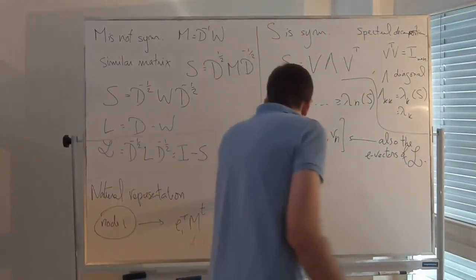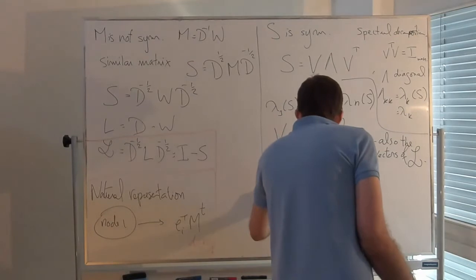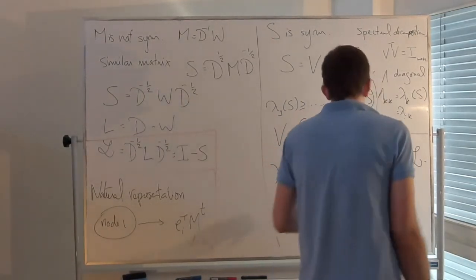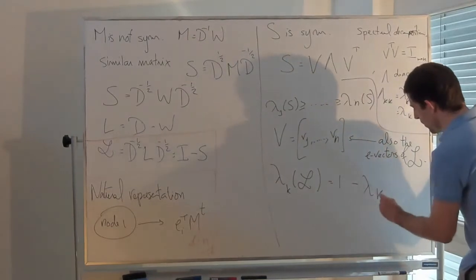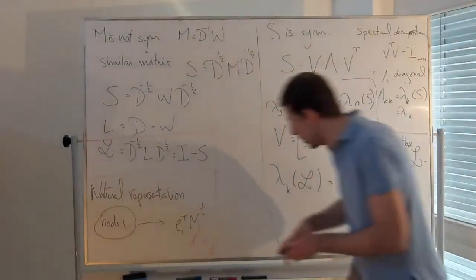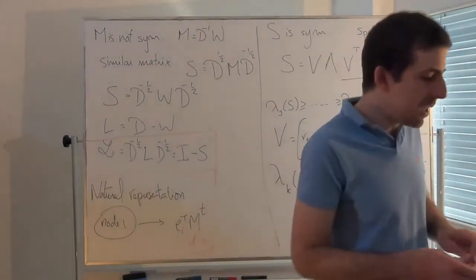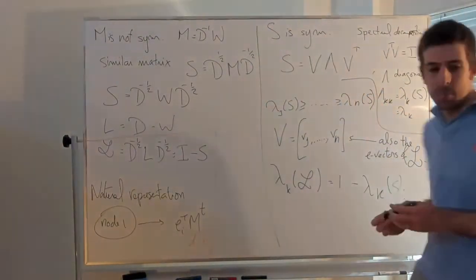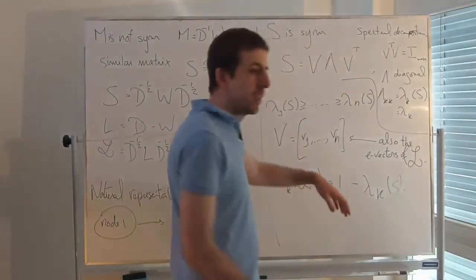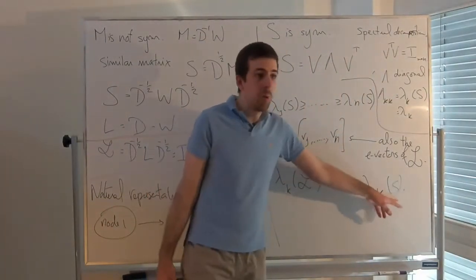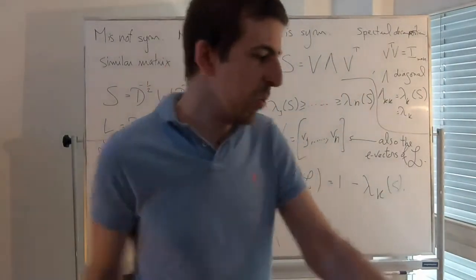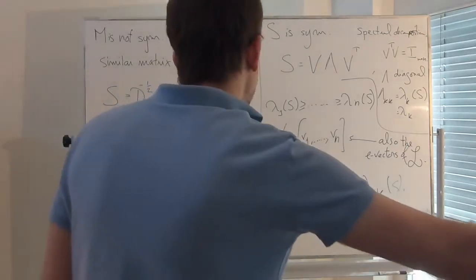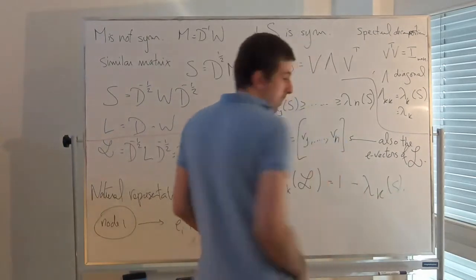Moreover, the eigenvalues of the normalized Laplacian are simply 1 minus these eigenvalues. And of course, when I say these eigenvalues, I mean the eigenvalues of S. I'm just going to stop showing S every time, and when we say lambda k, we always mean the eigenvalues of S in this lecture.